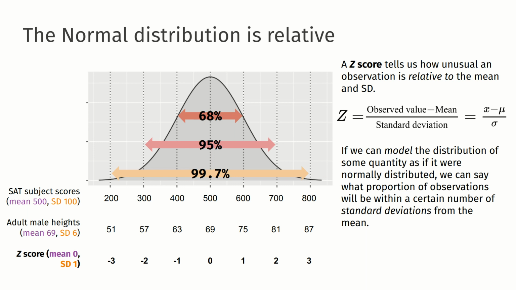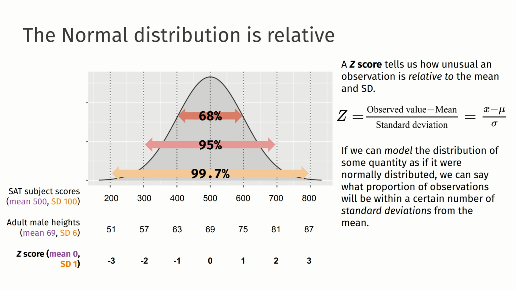In particular, we would expect about 68% of people to fall between one standard deviation below and one standard deviation above the mean.